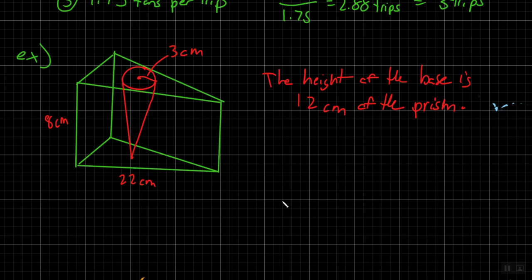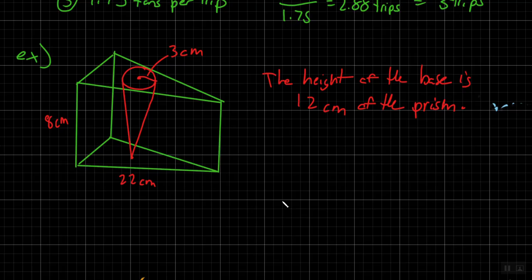Is it this one? Yep, that one. So you're just going to find the volume of each. The height of the base is 12 centimeters. I should have said the base of the prism is 12 centimeters.